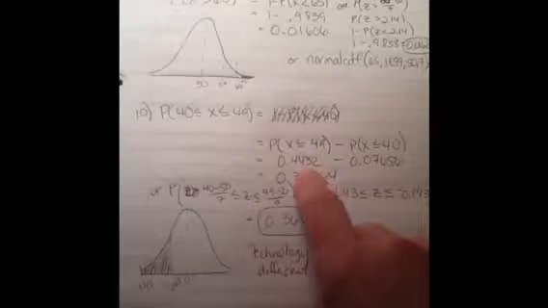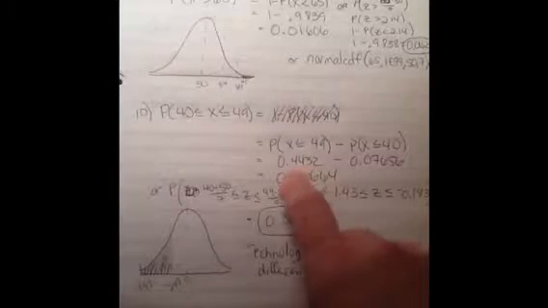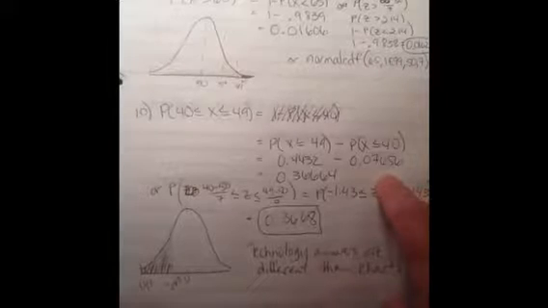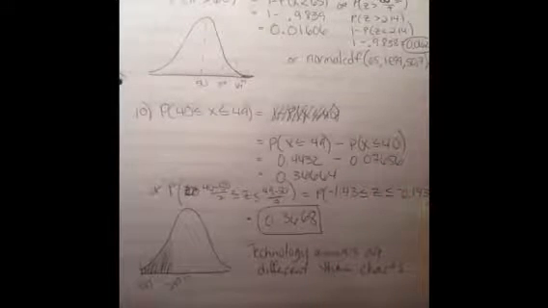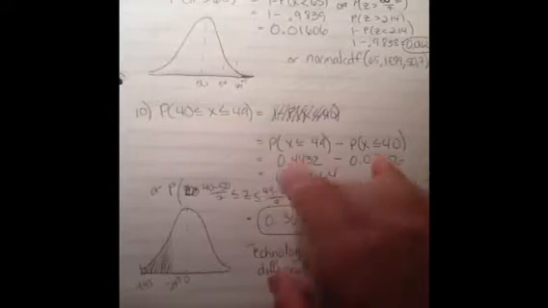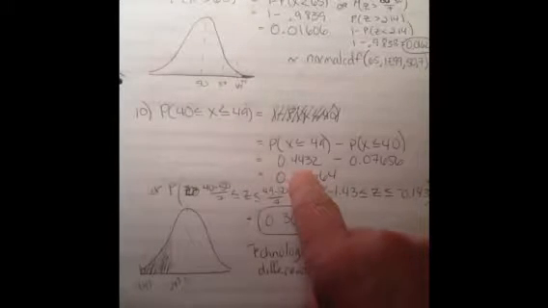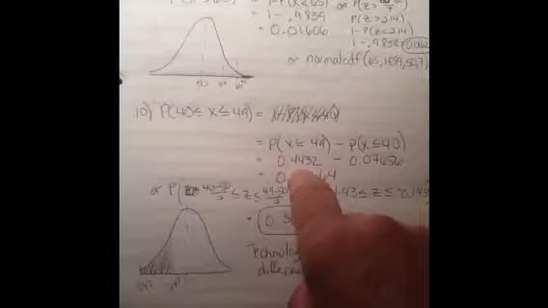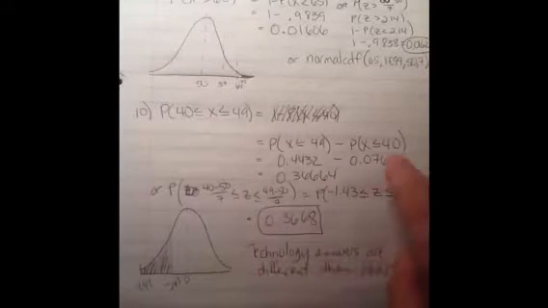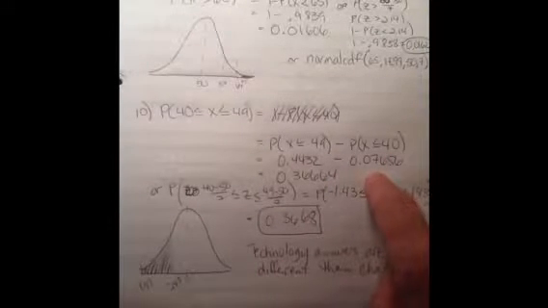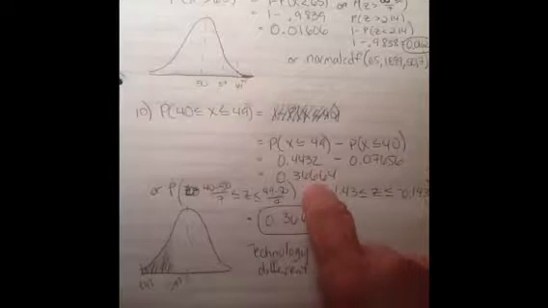If I put this into my chart, I find these numbers. Keep in mind, I would have to use z-scores to find these in the chart, or as I did with my calculator, I used normal CDF and found the probability to be 0.4432 or 0.07656. Subtract the two and I get that number.